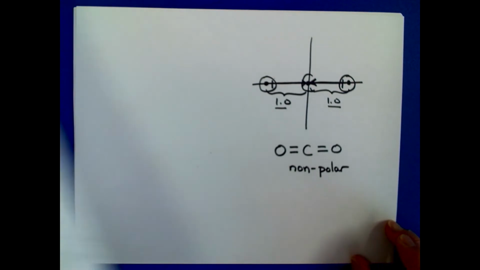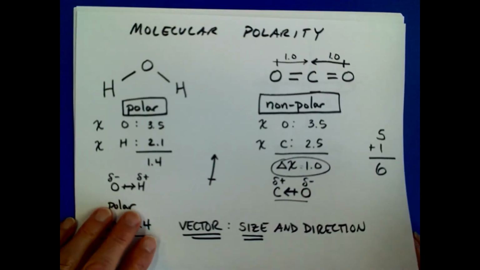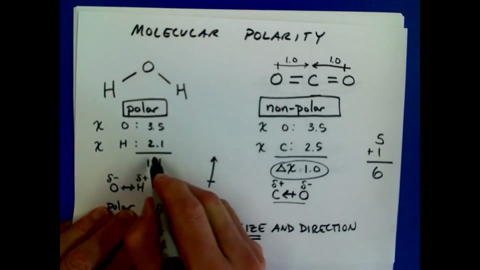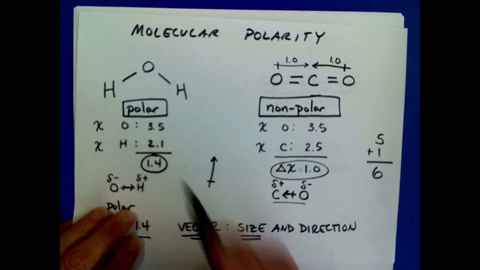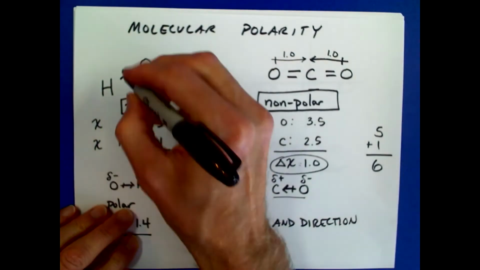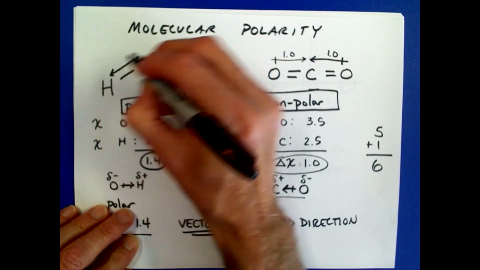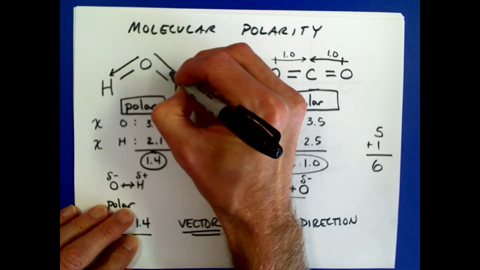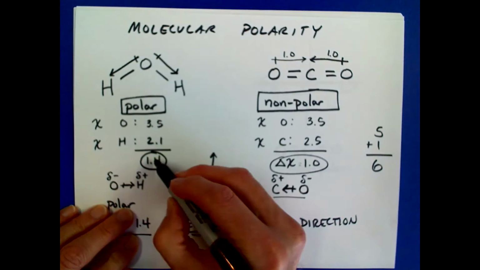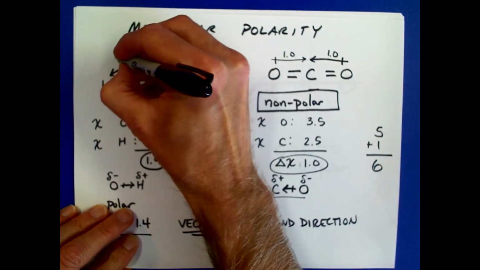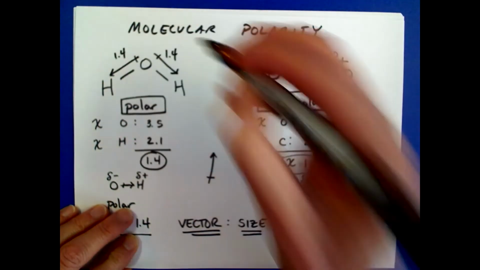Now, if we try to do the same thing for water, we're not going to get the same result. Okay, so let's look at this. The difference in electronegativity is 1.4. So we can think of drawing vectors from the more electronegative atom to the less electronegative atom. We're going to think of these having a magnitude of 1.4 each.